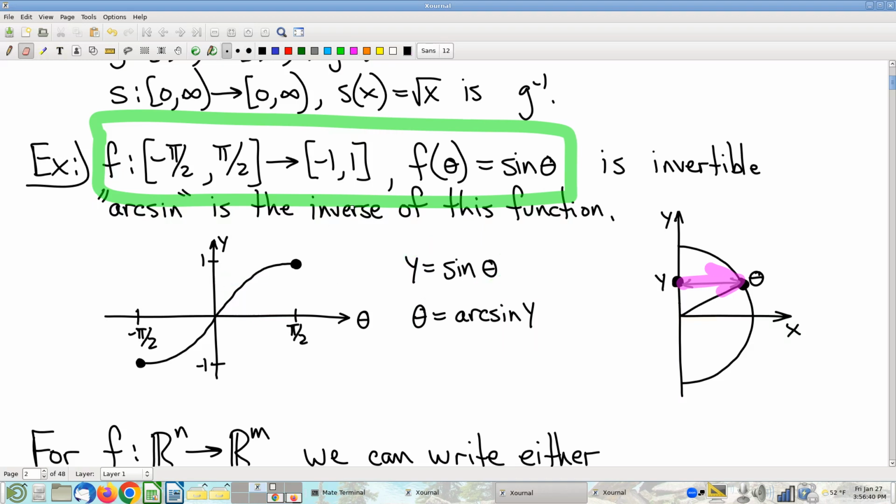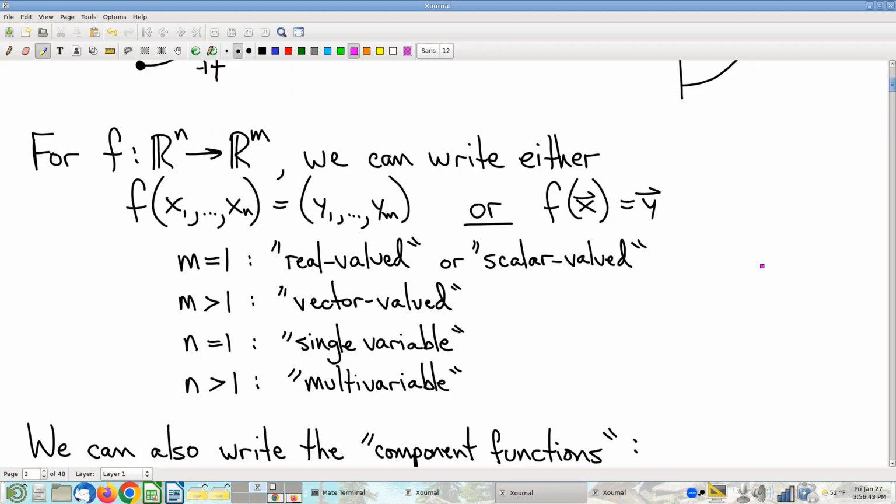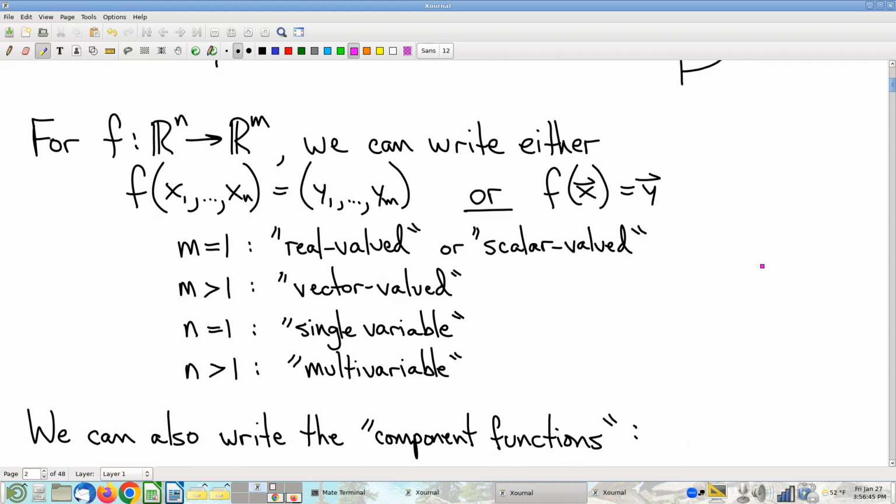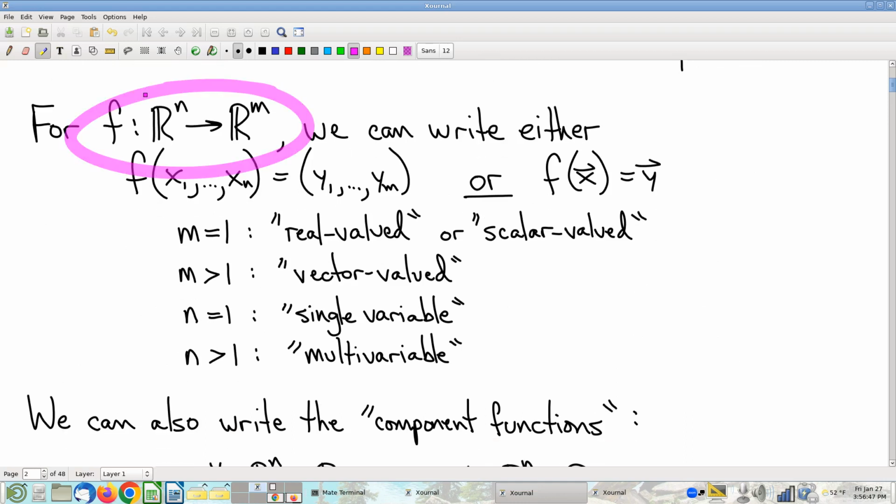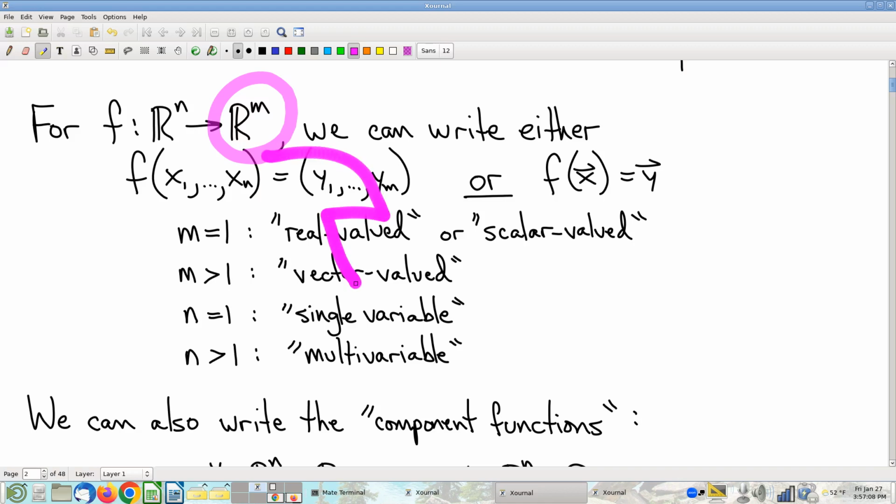Okay. All right. A little bit more language. I'm going to be quick about this. When you have a function like this where there's multiple input variables and multiple output variables, or at least possibly multiple of either of those, there are certain bits of language to describe this that roll off the tongue a little bit more quickly. So whether there are multiple or just one output value, we talk about functions as being either real valued or vector valued.